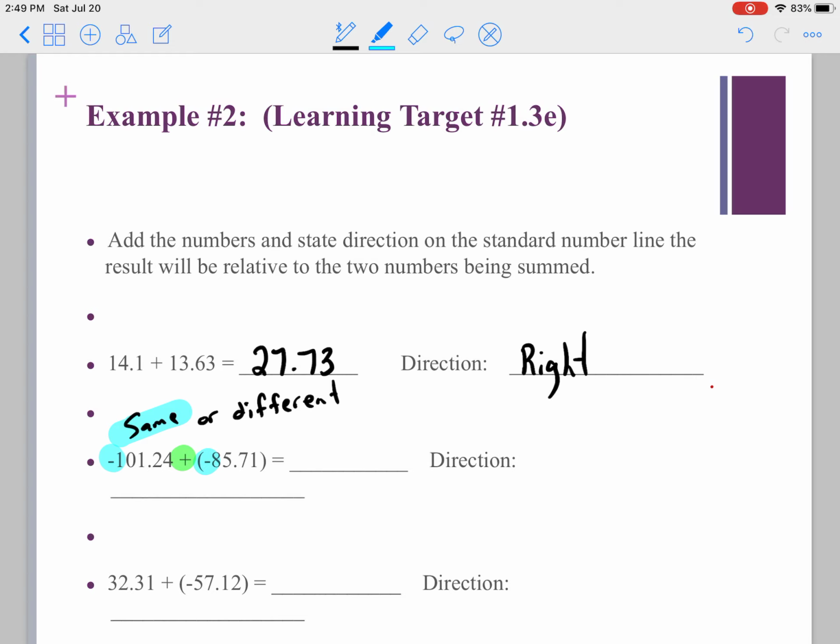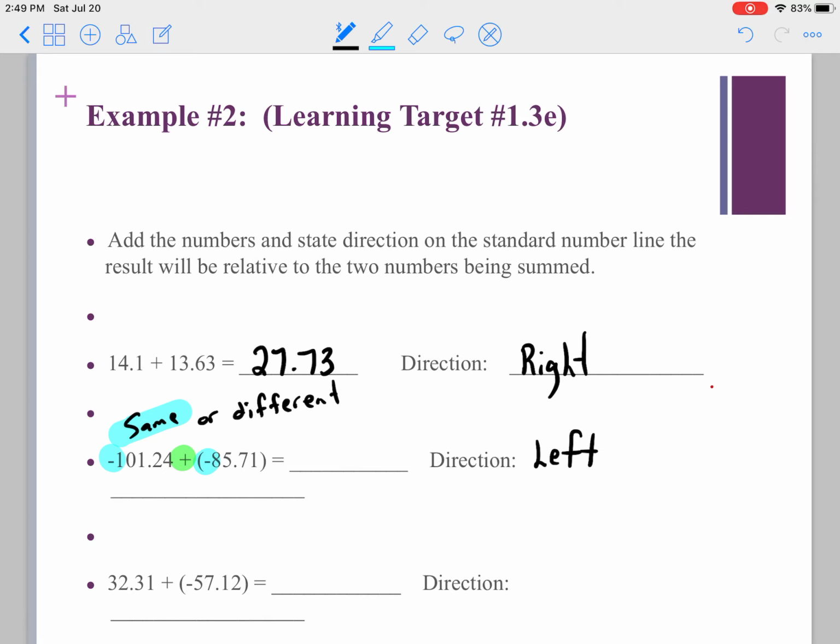Well, in this case, we have two negative numbers being added. And when we add two negative numbers, we know that the result will be to the left on the standard number line. So just to double check ourselves, we need to add the negatives together.